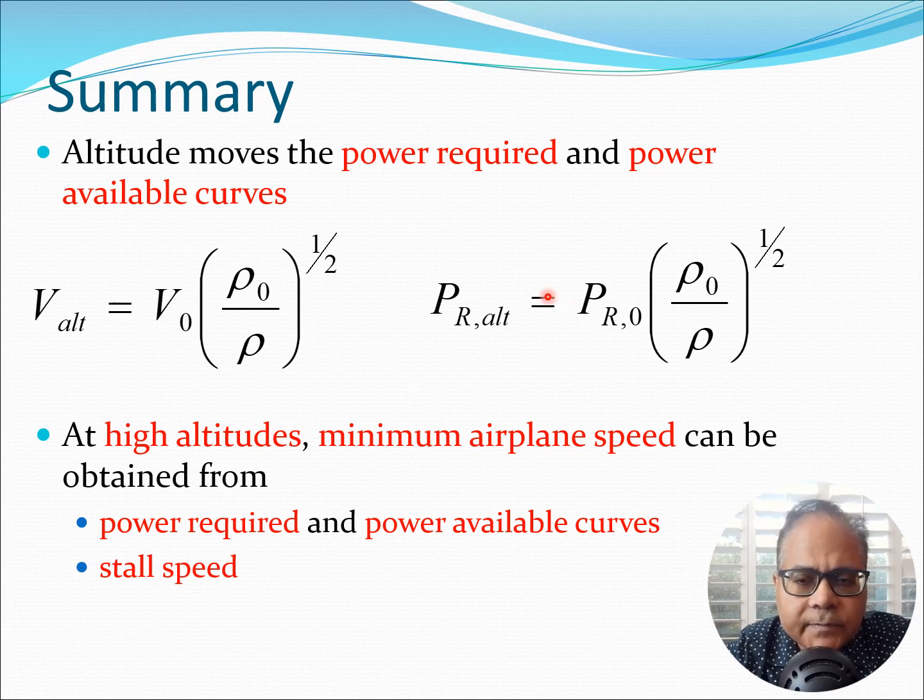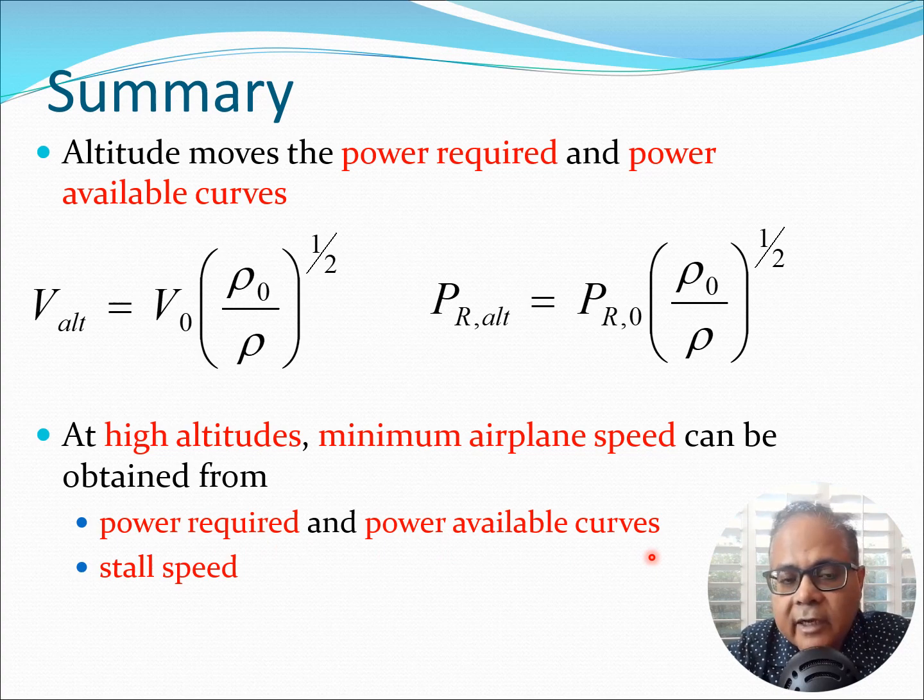So that was the lecture today on the power required and power available curves and how they shift between sea level and a different altitude condition. Essentially, if you have the sea level graph, you can very easily obtain the graph at different levels, and through that you can obtain the maximum velocity of the aircraft at any given height, and also the minimum velocity at any given height, which is given by the power required and the power available curves.